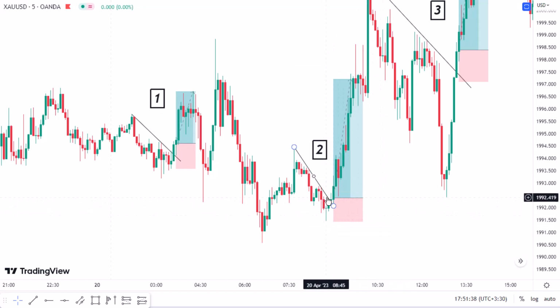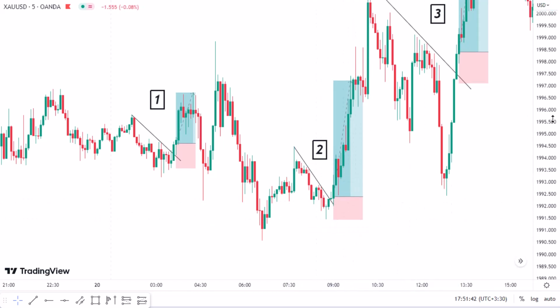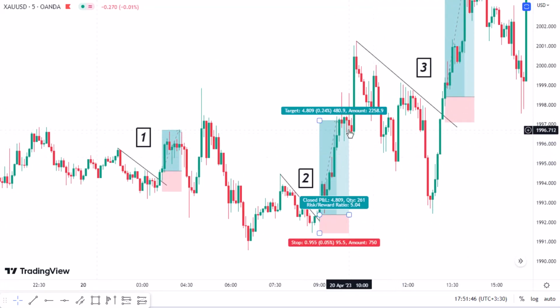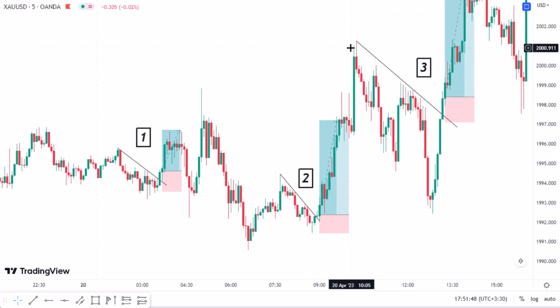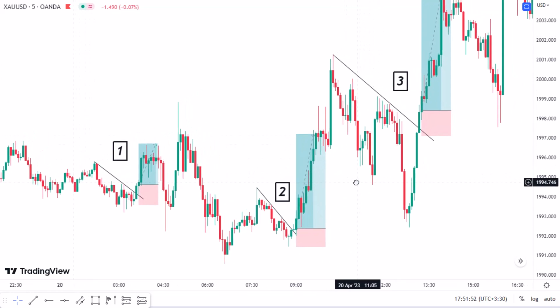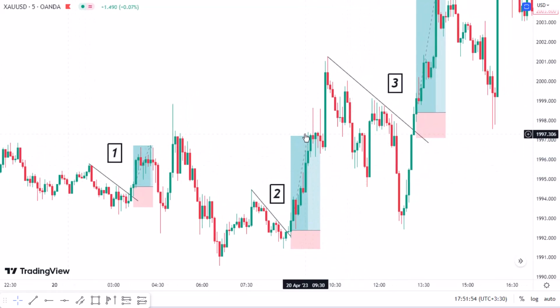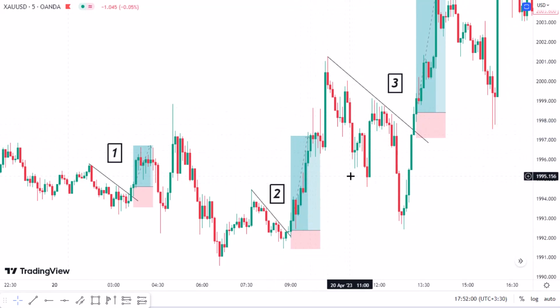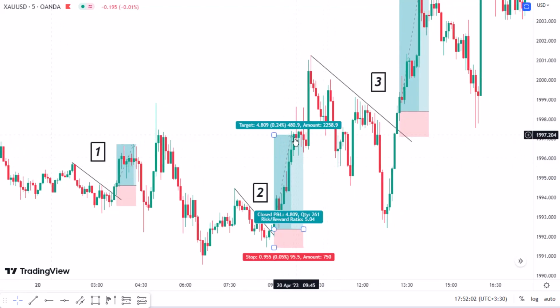In this one I entered the buy and put my stop loss somewhere safe, and it gave me a reward of something around 5. It continued going up a lot, but it's really hard to keep your buy position when you see these shadows on the upside and pin bars. I closed my position somewhere here.